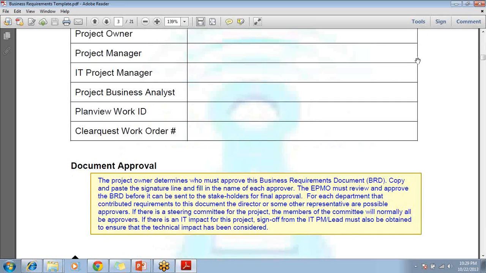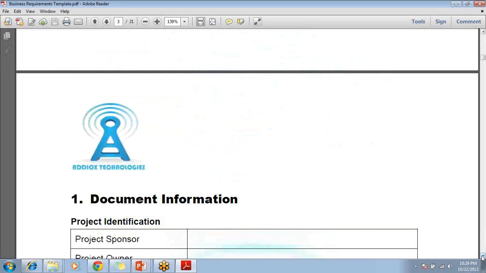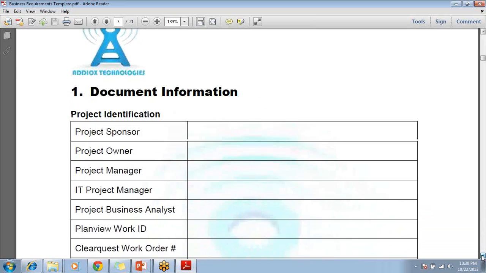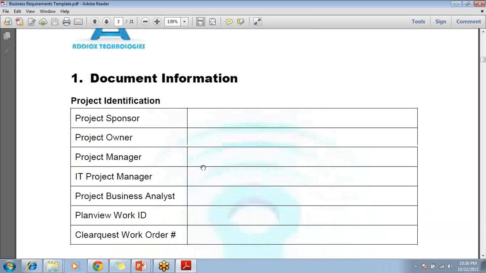Then, so go a little slower here. Business sponsor, business owner, this is the document information, that is, who are the key folks from the project perspective. This is the project ID. So this is specific to one particular application which is called PlanView. So this is the PlanView work ID, but you could have an altogether different ID.